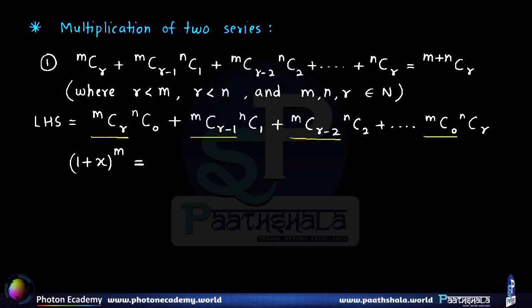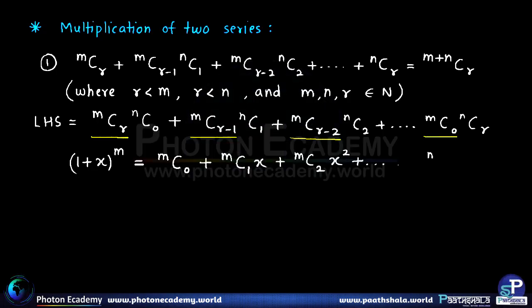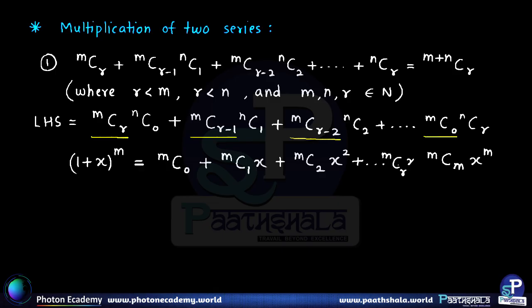So you will see that it will have MC0 plus MC1 into x plus MC2 into x square and so on up to finally we will have MCm x raised to m, and somewhere we will have a general term, that is MCR x raised to r. Alright, so this is the first series we have to consider.